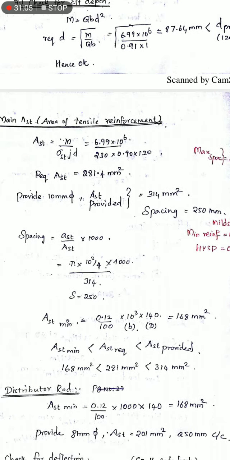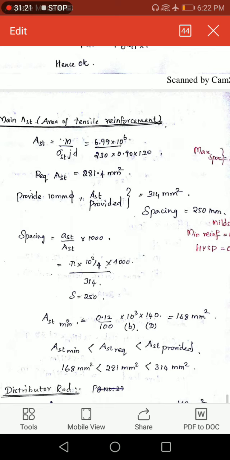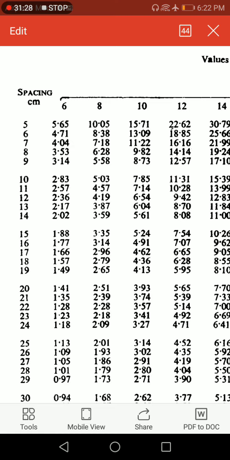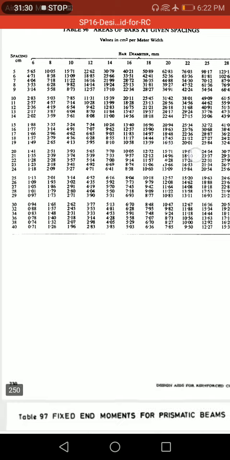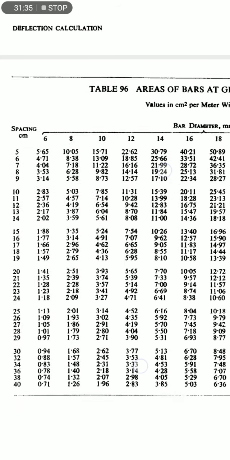Okay, so we provide the detailing of main reinforcement from IS 456 1978, that is SP16. So please read very carefully. Here the required AST equal to 281.4 mm square. SP16 page number 230. Please take page number 230. The left one value is spacing in terms of centimeter.